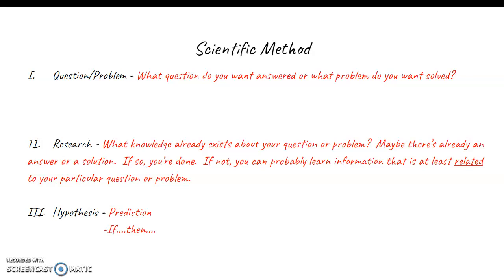So, if I give students a candy bar prior to taking a test, then their scores will increase. So I've set up a scenario with the if, and I've really made my prediction with the then.